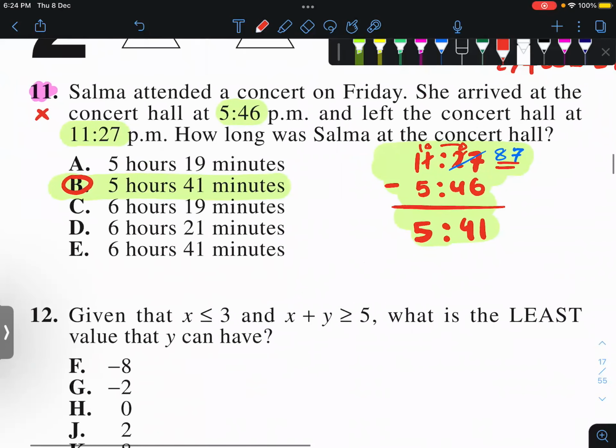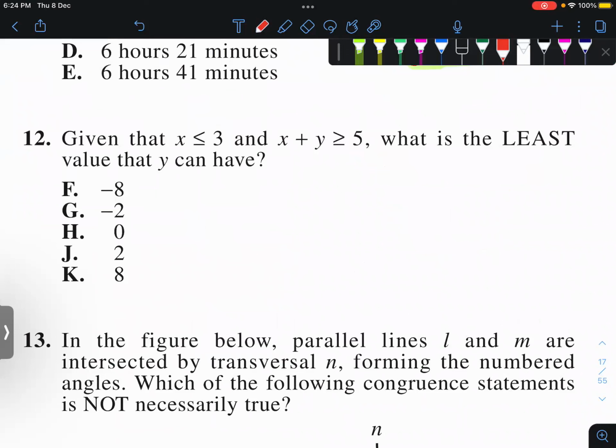Okay. Yes. 12. Given that x is less than or equal to 3 and x plus y is greater than or equal to 5, what is the least value that y can have? Yes. X is any value less than or equal to 3. So when we take 3 exactly and substitute here and then subtract, the y may be what? 2.